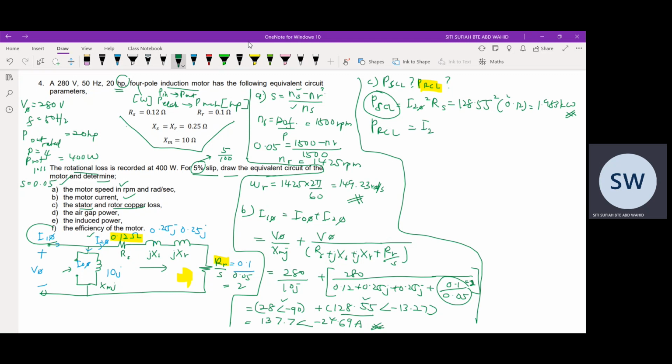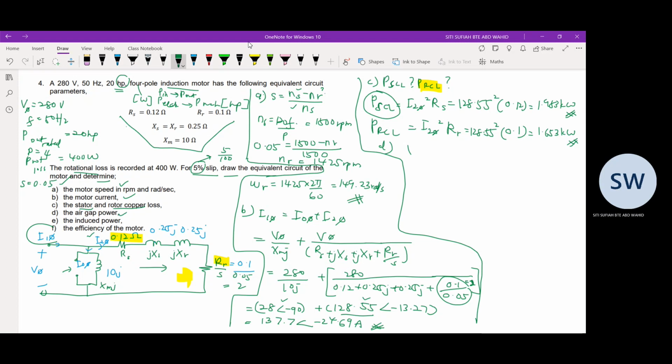So the formula will become I2 phase squared RR. Just take RR, rotor resistance 0.1. So you will get 1.653 kilowatt.